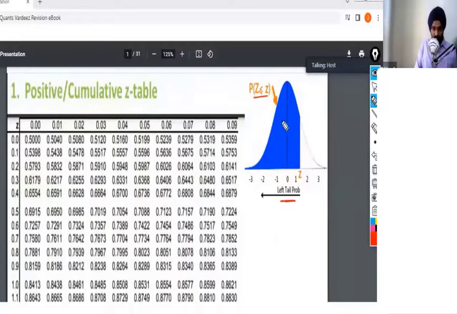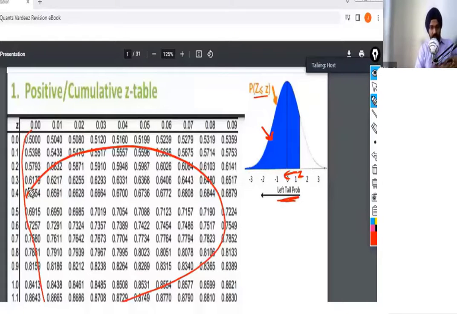This blue area that you see here, this entire blue curve that's been shaded, means that all the Z values are to the left. That means it's a left tail probability. All the values inside the table that you see are to the left of the Z value, or to the left of the distribution.